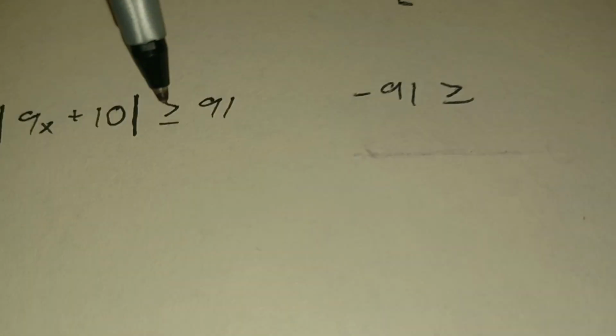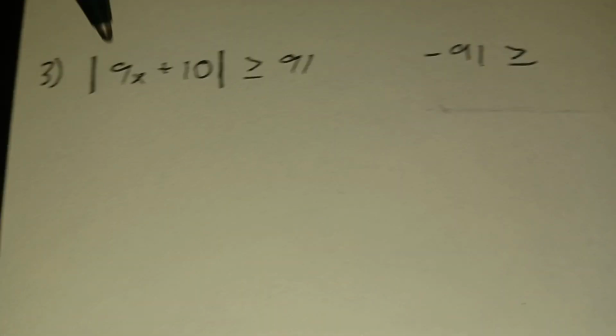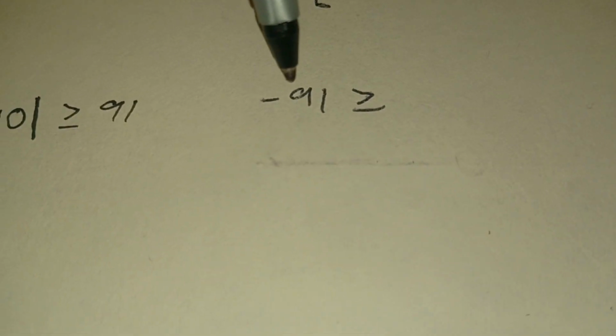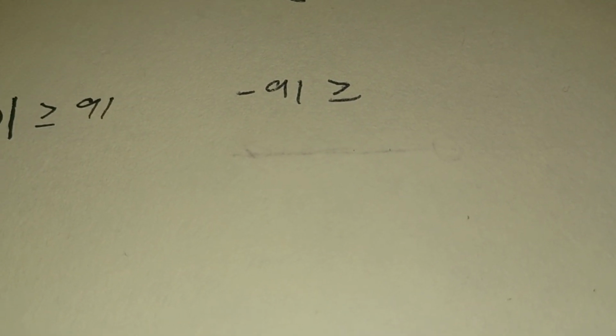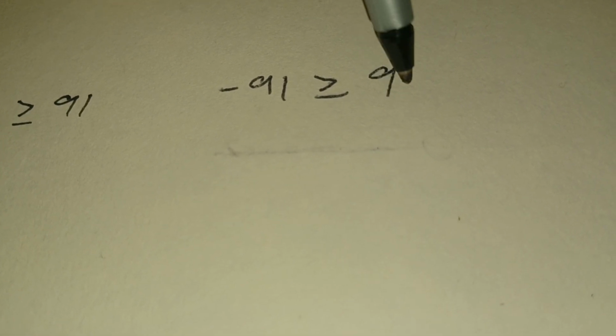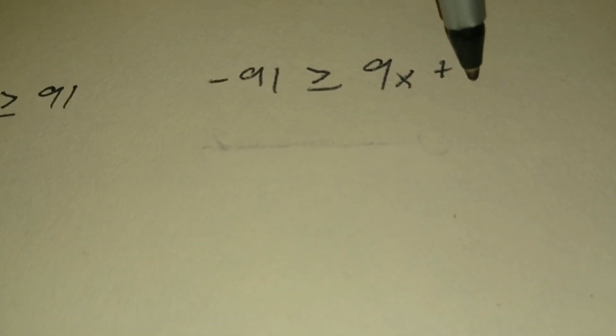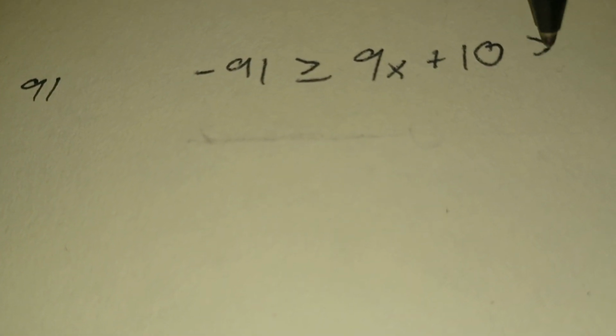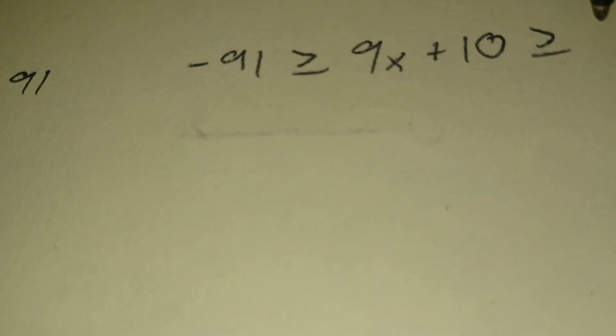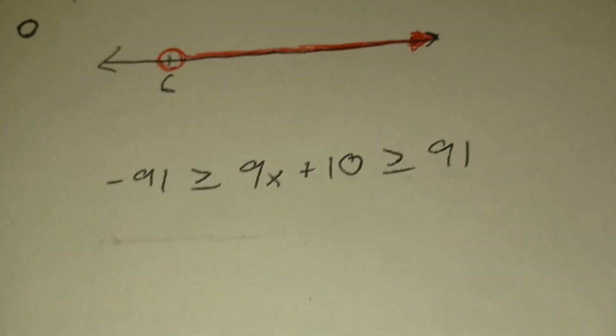We rewrite this with negative 91, the same inequality sign, and then take away the absolute value: 9x plus 10 greater than or equal to positive 91.